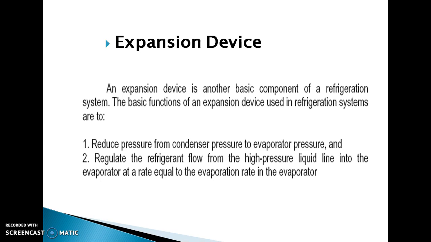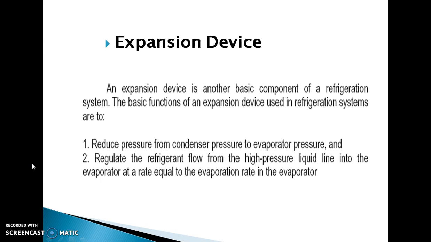This means the expansion device lowers the pressure of the refrigerant, so that the lowered pressure refrigerant is throttled to a low temperature. The area of the throttling device is less, for example a capillary tube.